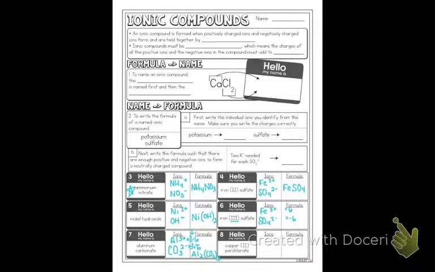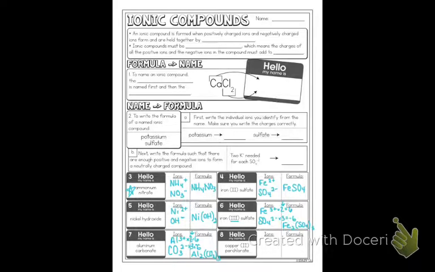So positive 3 I would be multiplying by 2, negative 2 I'd be multiplying by 3 to get negative 6. So this is again what my subscripts will be for this formula. So Fe2 and then in parentheses SO4 with a 3 outside like so.